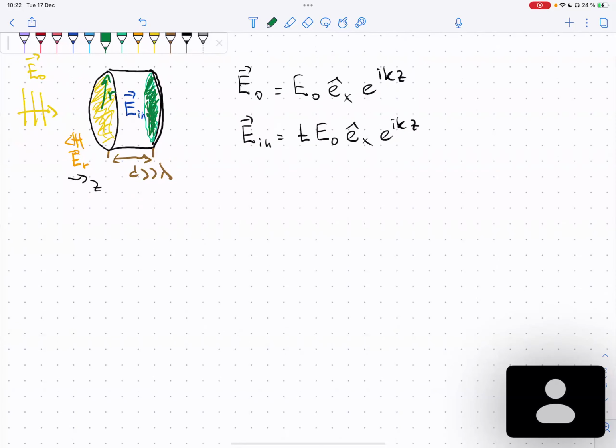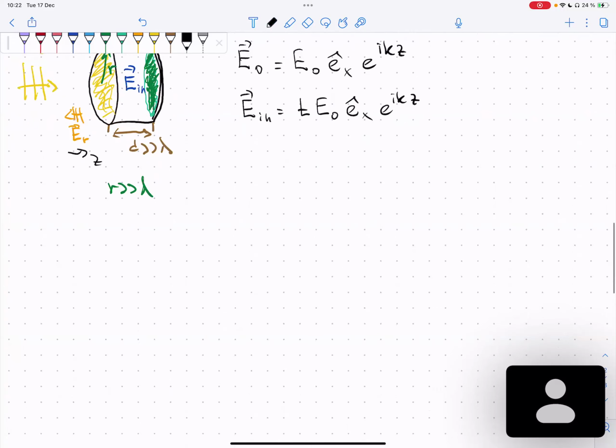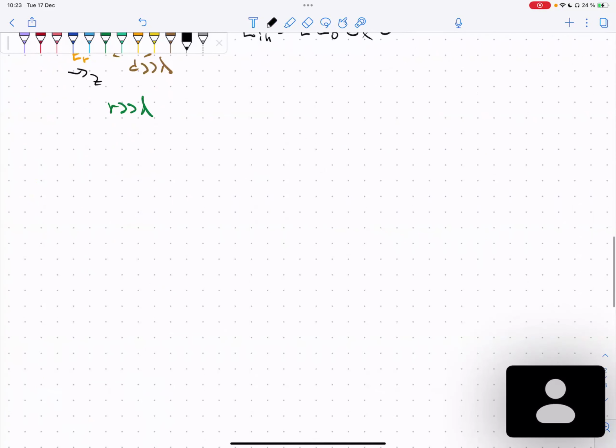Okay, and we also say that the radius is also much bigger than the wavelength. So we quote unquote consider this as an almost infinitely large cylinder, something like this. So let me once again write the expression for the Lorentz force.